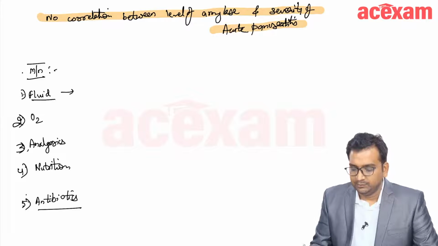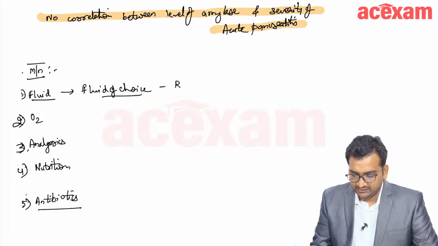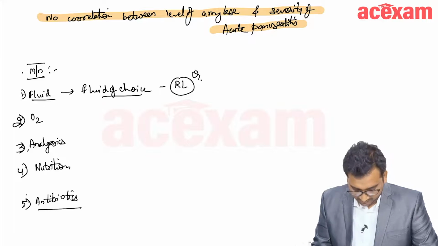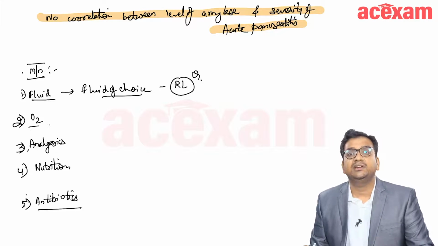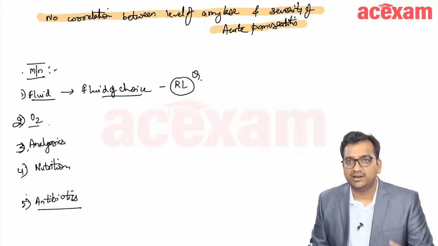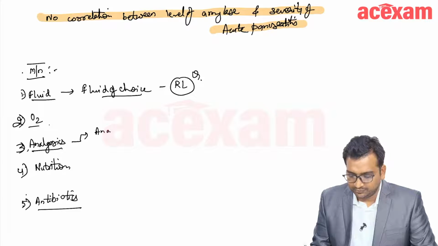Now, regarding the fluids, what is the fluid of choice? It is Ringer lactate, very important. And oxygenation we'll give initially in all patients, then we'll get the ABG done. In case there is low PO2, we'll continue giving oxygen. And analgesics, what is the analgesic of choice?